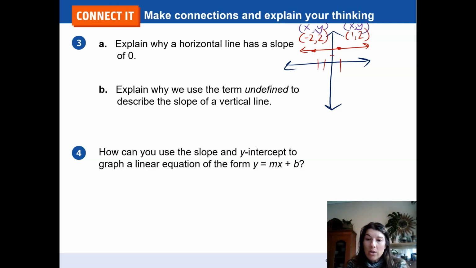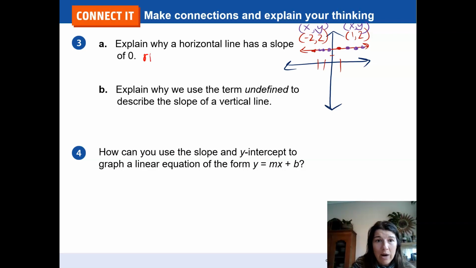Every single coordinate pair on this line is going to have the exact same height because they're on a horizontal line. See how that happens here? So they all have the same y coordinate. Let's calculate the slope of this line between these two coordinate pairs that we identified. So reminder that your slope is rise over run.